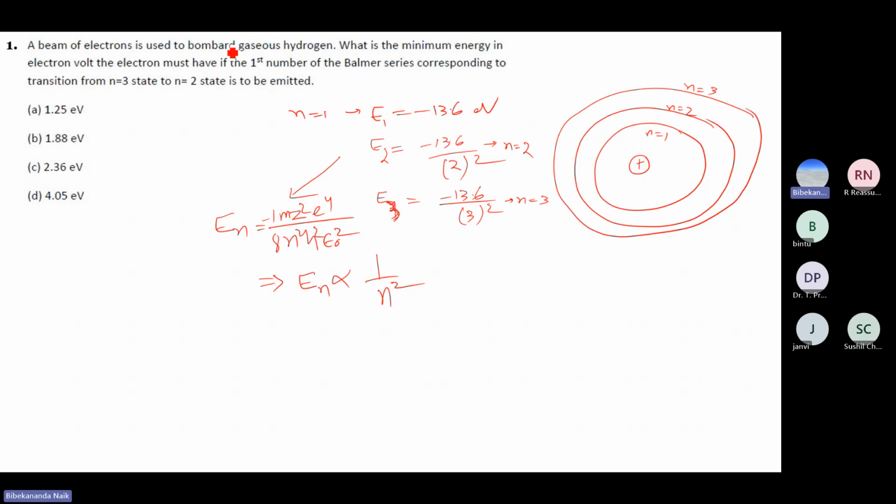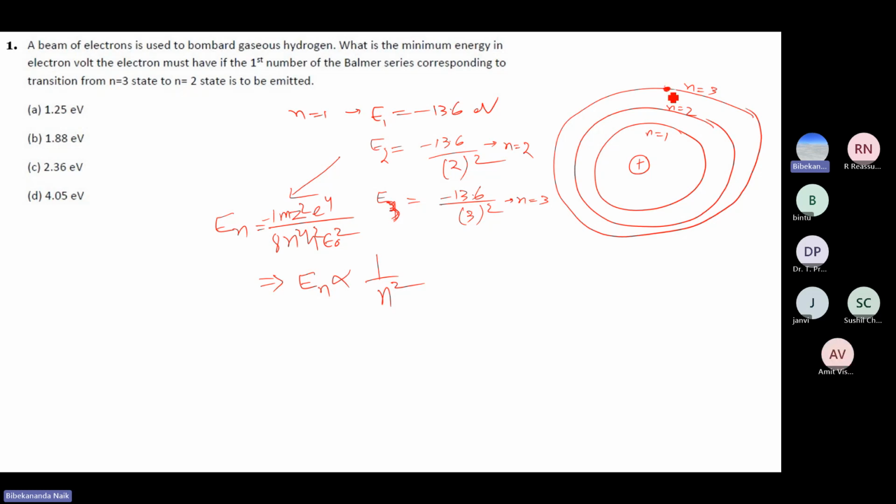So now here what is happening? A beam of electron is used to bombard a gaseous hydrogen. So here we will consider that the electron which is coming has some energy. It will collide with the electron which is revolving around the nucleus of a hydrogen atom. Suppose we are saying the transition from n equal to 3 to n equal to 2 state. So suppose in case of gaseous hydrogen, the electron was revolving here at n equal to 3, and there was a beam of electron which was bombarded.